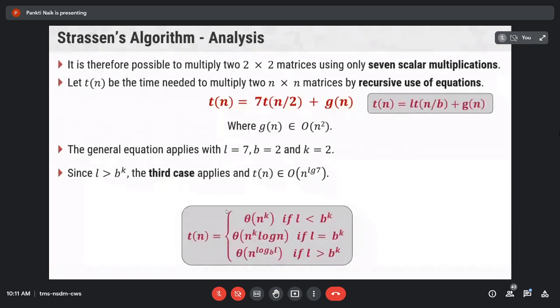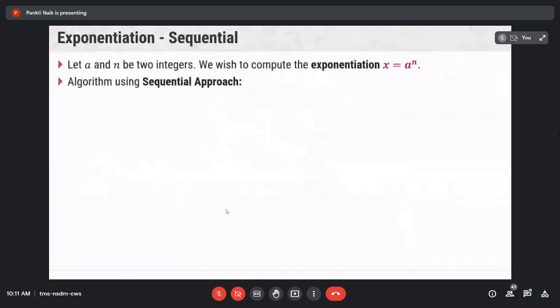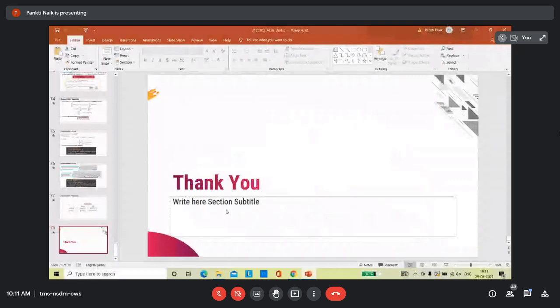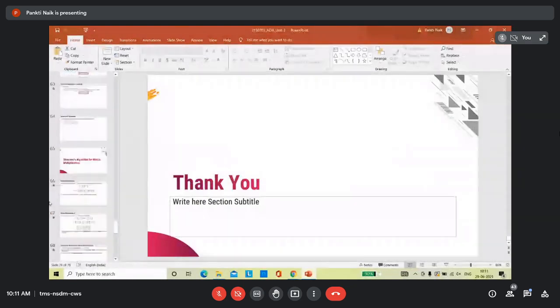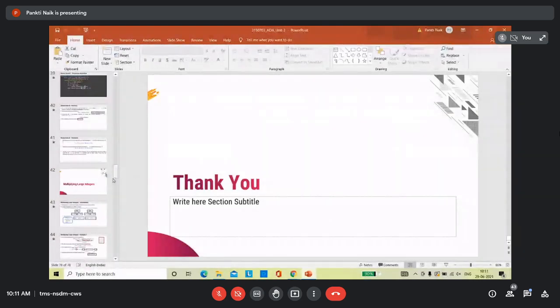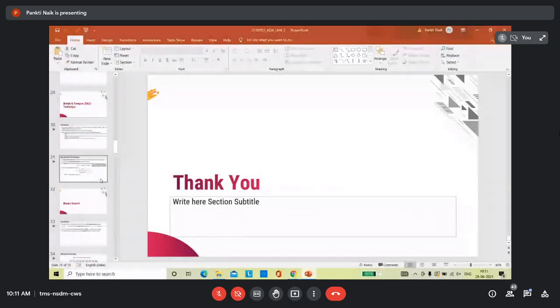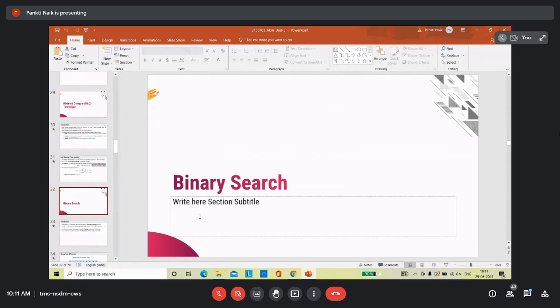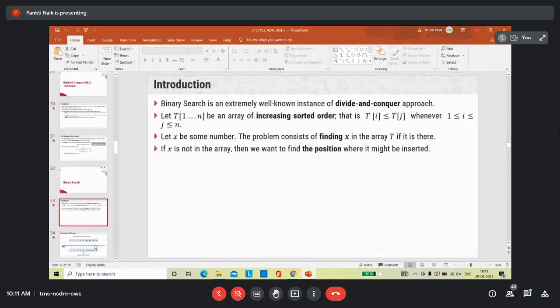So this is the end of your chapter, divide and conquer. In divide and conquer strategy, first we covered the general strategy of divide and conquer, how a divide and conquer algorithm works in 3 steps. Then we saw one problem solved by the divide and conquer strategy, that is binary search.